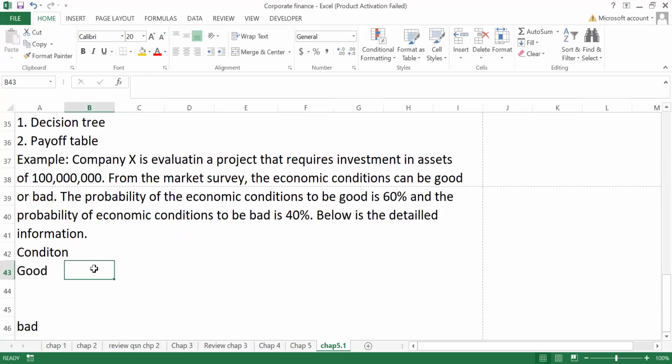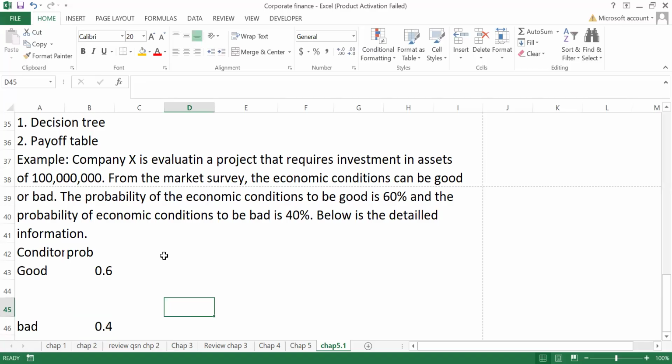And this is the probability. This is 0.6, and this is 0.4. This is in the first year.